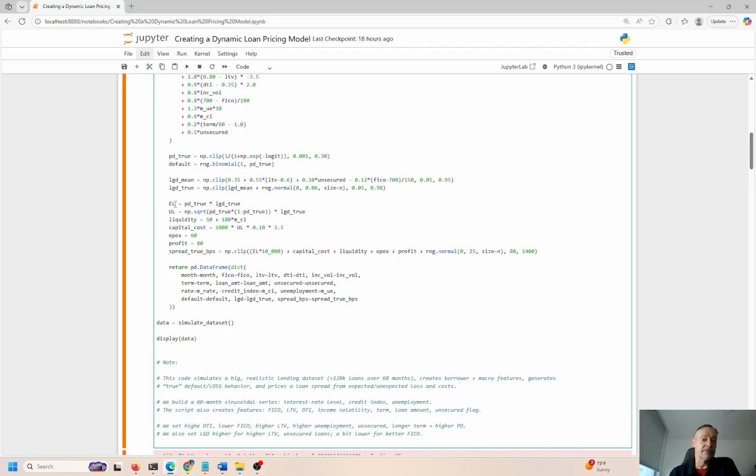So this final calculation here would be expected loss. So if we have a probability of default and loss given default, what is the overall expected loss? And then the unexpected loss, right? So we can try to make predictions into the future, and this should be pretty accurate. But there could be scenarios that we can't anticipate.